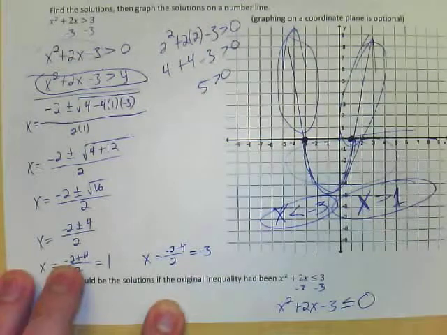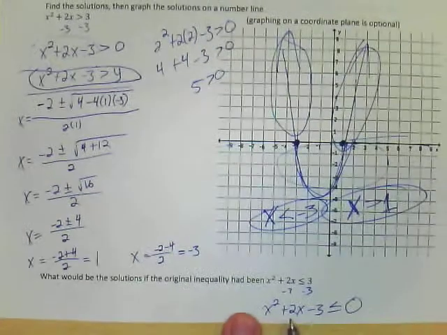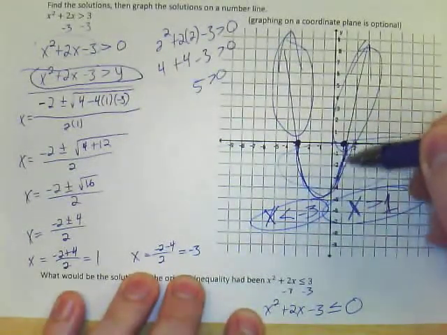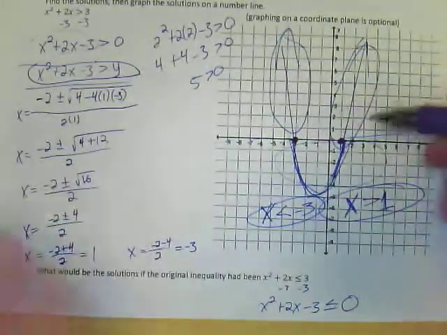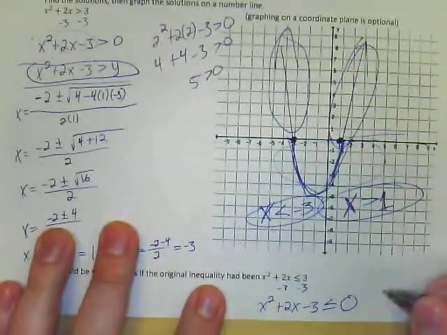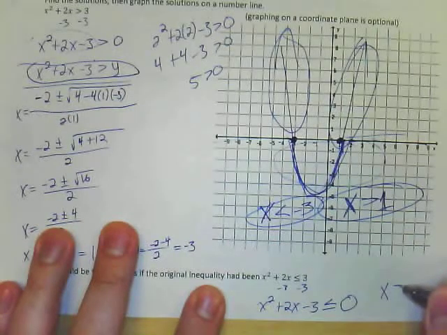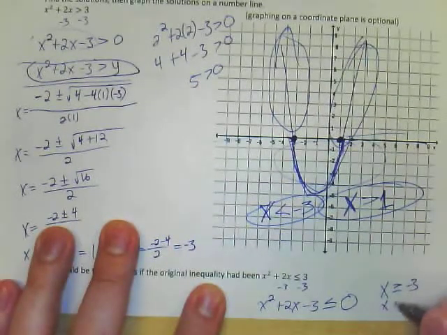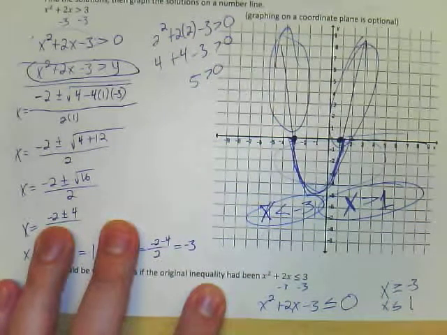So then we would be looking for the places where this is less than 0. So then we would be looking for this part where the y values are less than 0. So that's going to be between negative 3 and 1. So we would get x values that are greater than or equal to negative 3, and x values that are less than or equal to 1.